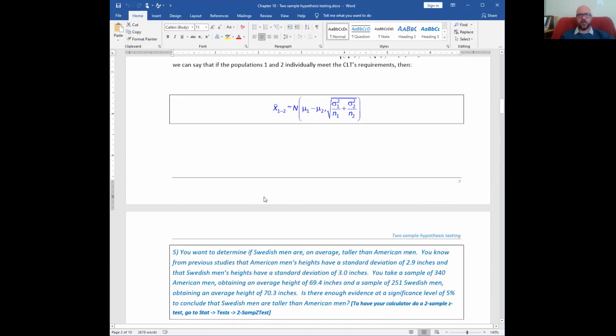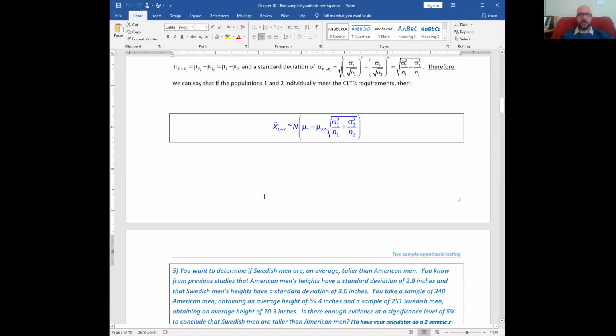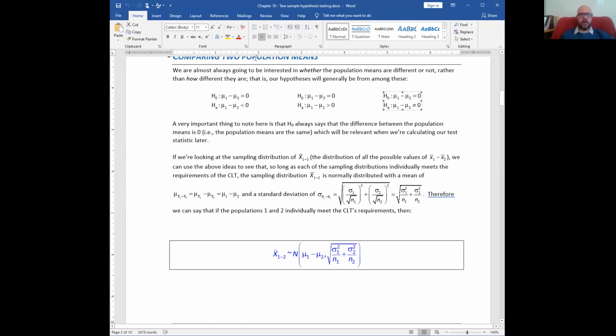So I want to start with a basic idea. As I mentioned in the last video, we're going to have these as our hypotheses. And the thing that we did at the end of the last video was we figured out what the sampling distribution of all the differences would be, which would look something like this.